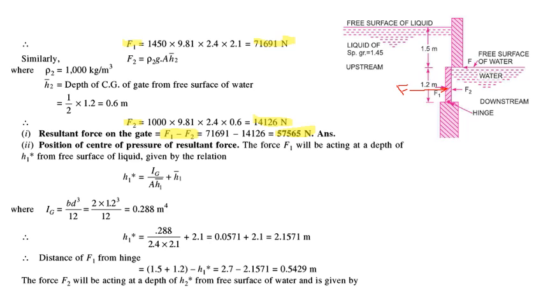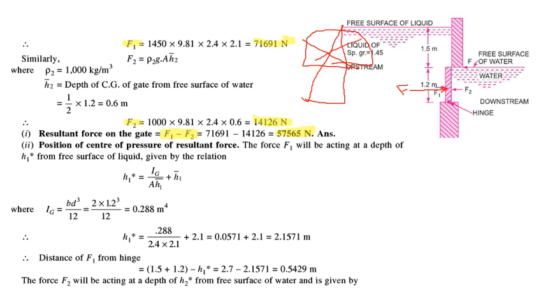If we have such a case, then the pressure distribution would go like this. Let me rearrange it. The pressure distribution will be like this, and we do not have a surface over here at which we want to find this load, so the pressure distribution is no more valid.